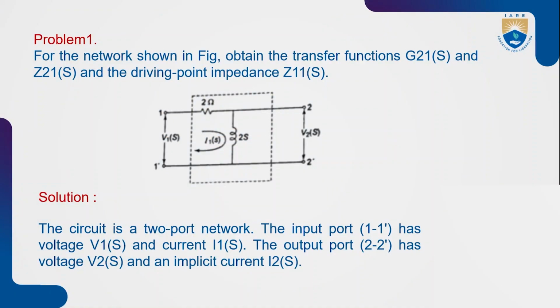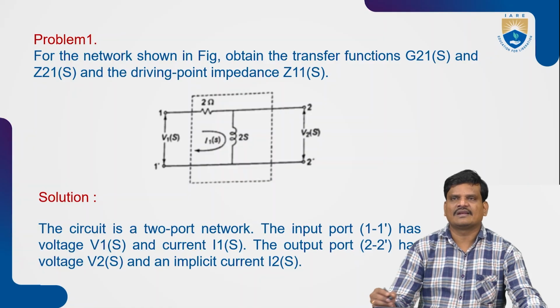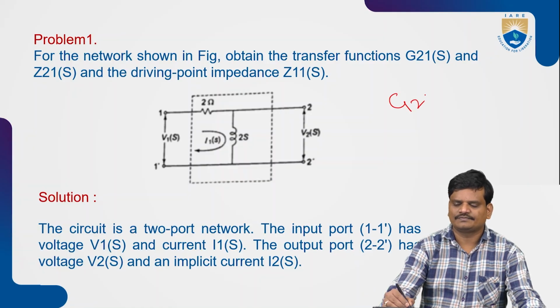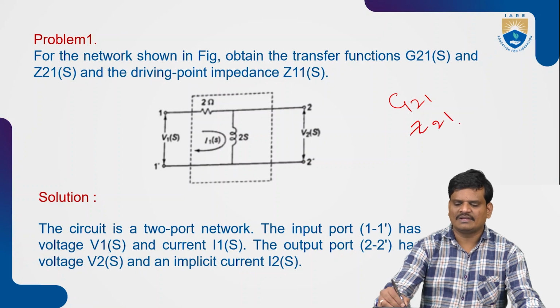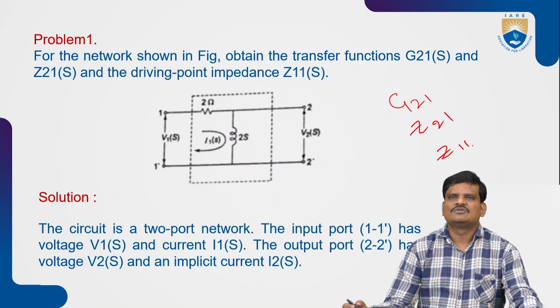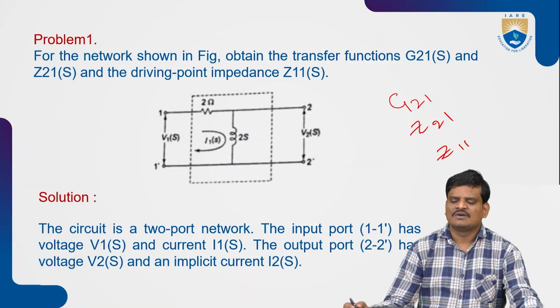So first, the problem has been given here. For the network shown in the figure, you need to calculate the value of G21, the value of Z21, as well as the value of Z11. Before evaluating these parameters, what is G21?